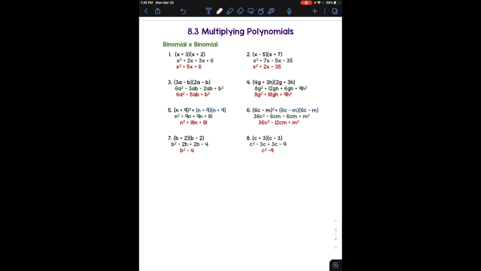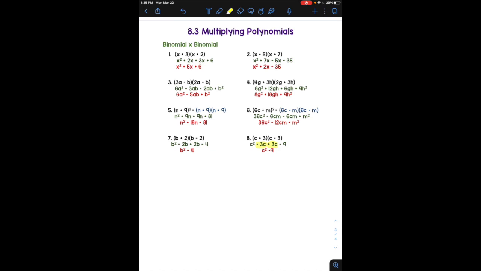Here are your answers for the even problems, 2, 4, 6, and 8. Each even problem is very similar to the odd problem that it's next to. For example, problem number 8, again, when you distribute or double distribute, the two like terms in the middle cancel each other out, in which we're resulting in a binomial as our answer.